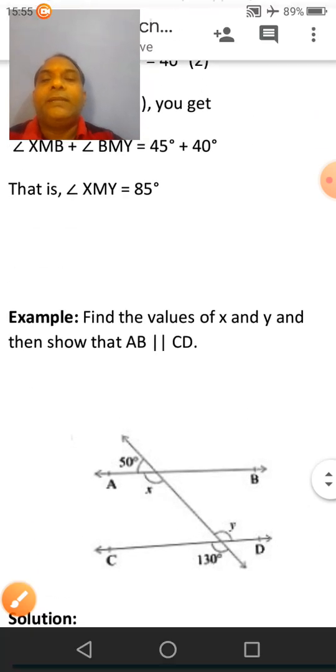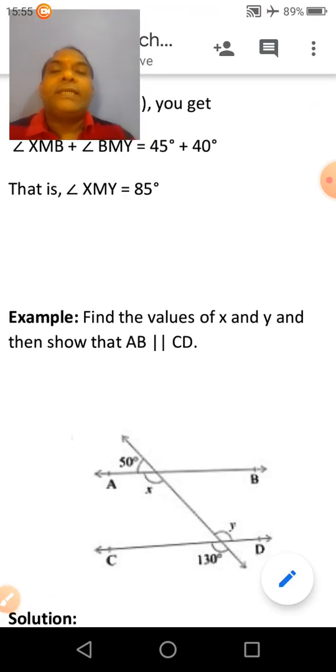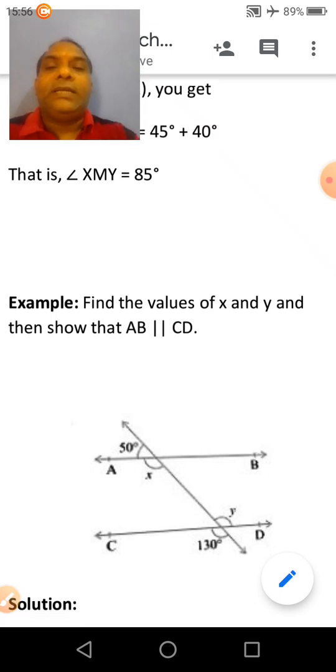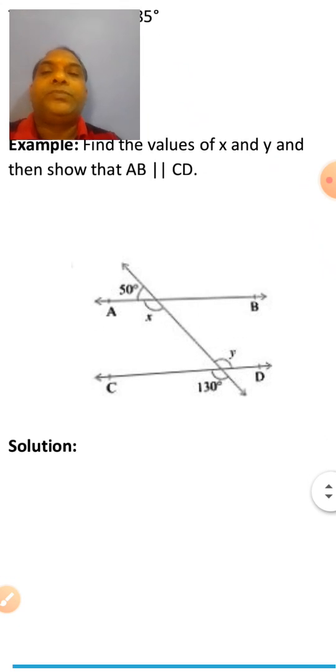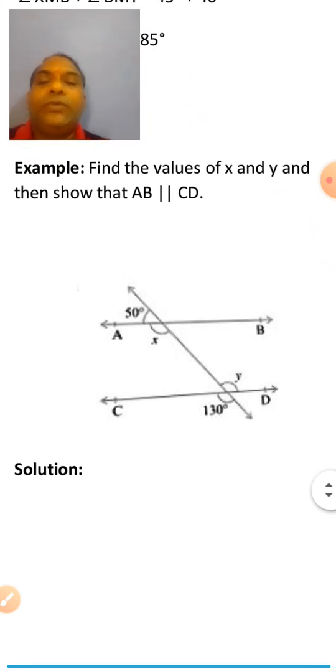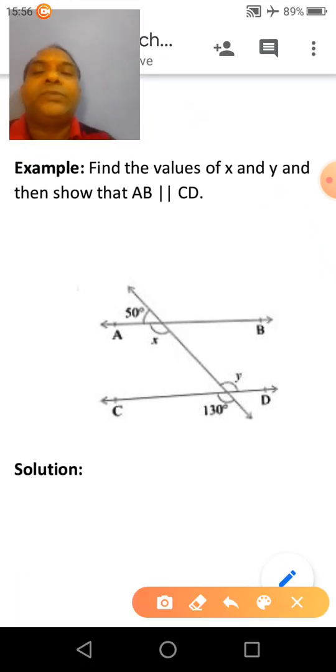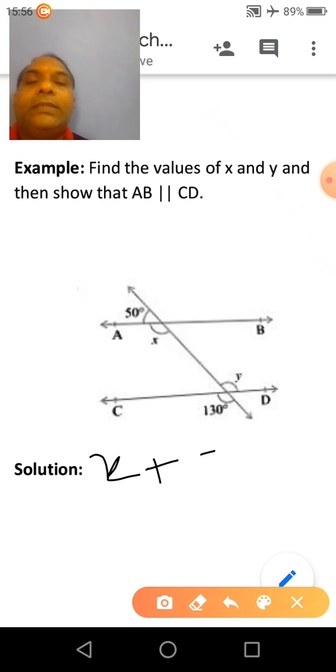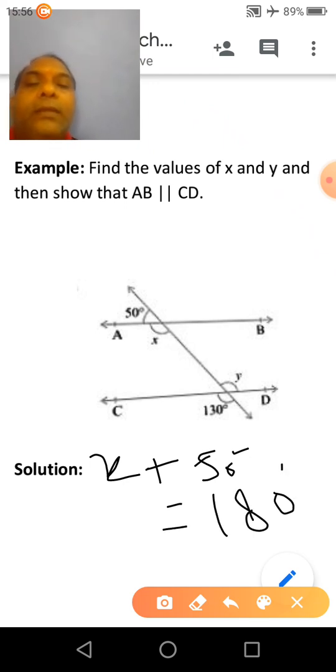Now next question. See here, find the value of X and Y and then show that AB is parallel to CD. So see here, in this question, according to this figure, X plus 50 degrees will be equal to 180 degrees, linear pair.